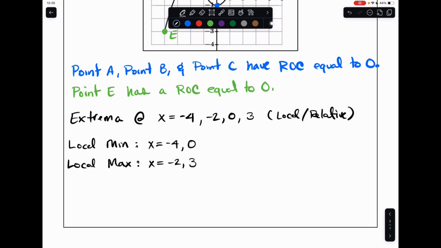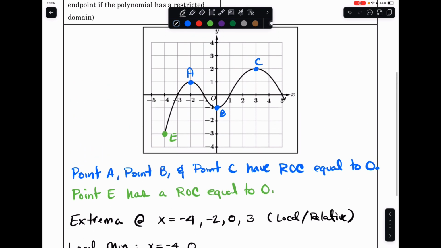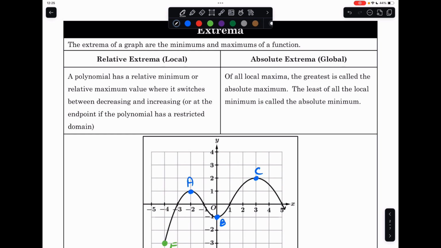Okay, now let me go to absolute max and absolute min. Well, the absolute max is going to be the greatest of all the local maximums.